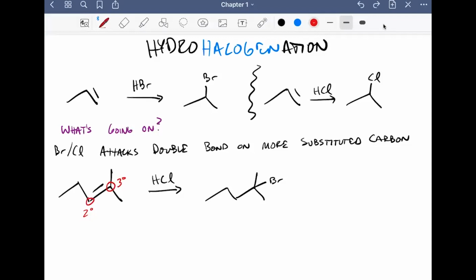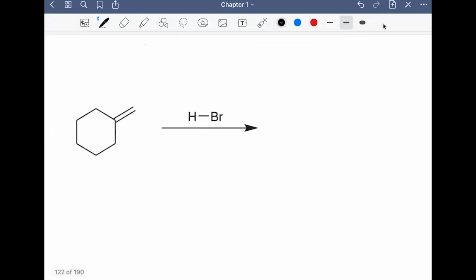You can see right here, I have a double bond, and your halogen will go right there, and that's what happens on this side. And I have HCl right there. It should be HBr because we're putting a bromine on, but that's that first reaction. So let's do this example.